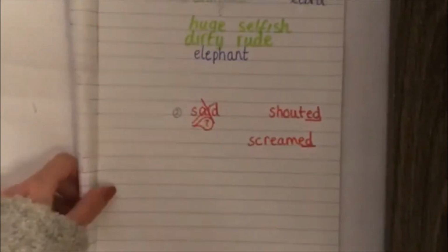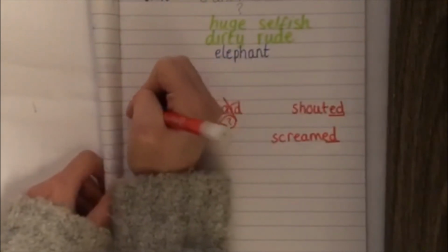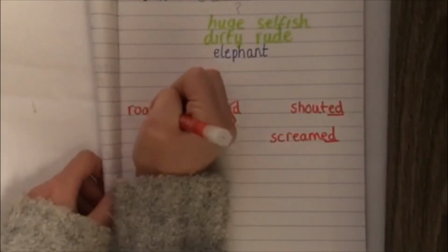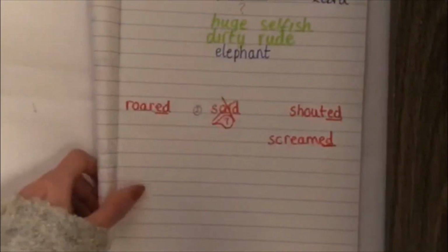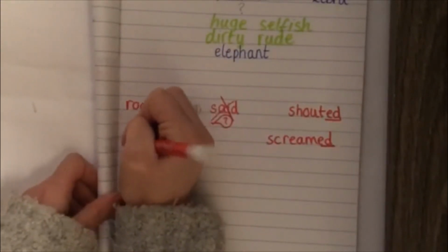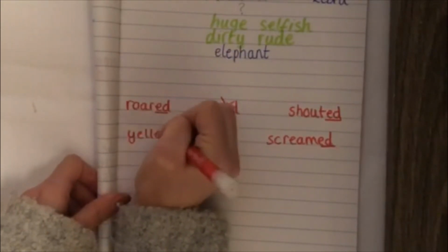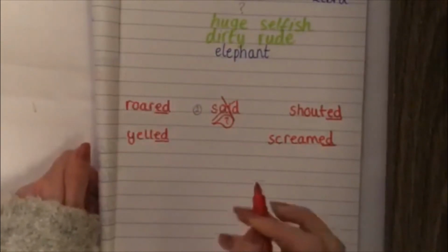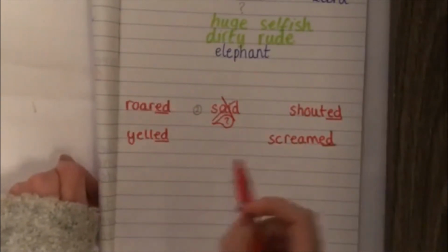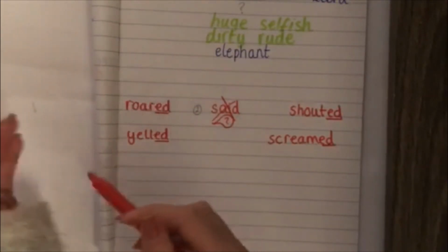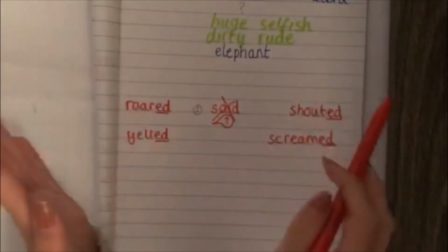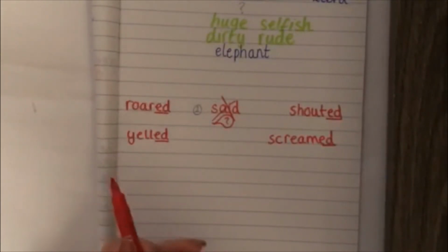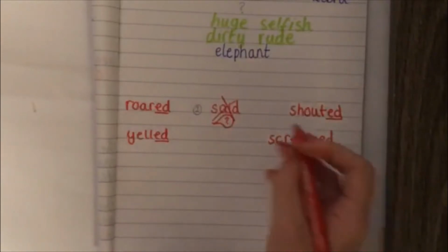Maybe because it's my lion, they could roar. They roared. Maybe they yelled. Now I could stop there, but I'm going to think of lots of different ideas to help me with the rest of the week. So I have a whole list that I can use throughout.